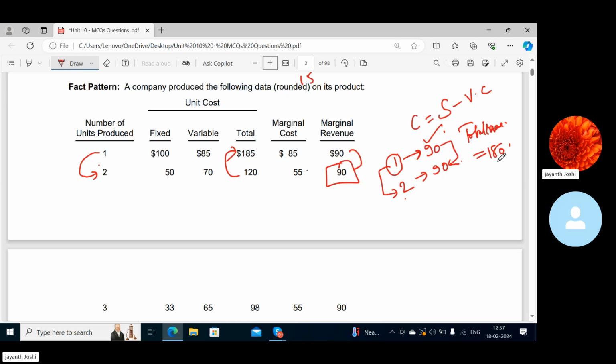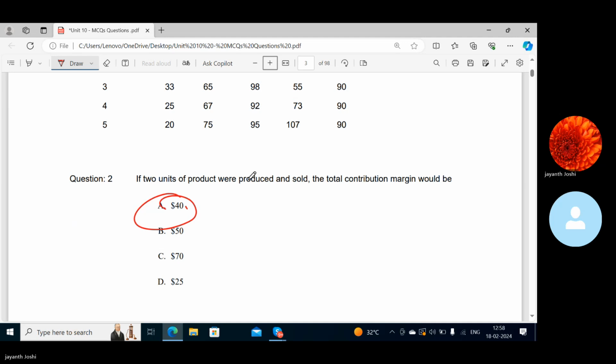So total revenue for 2 units is 180, that is sales of 180, minus the variable cost for 2 units. That is 70 per unit, this is the per unit cost, so for 2 units it would be 140. They have given unit cost very clearly. So the contribution is 40.